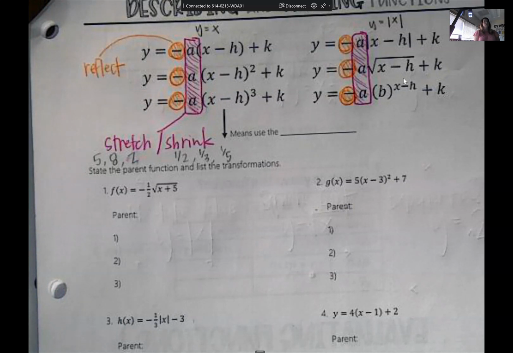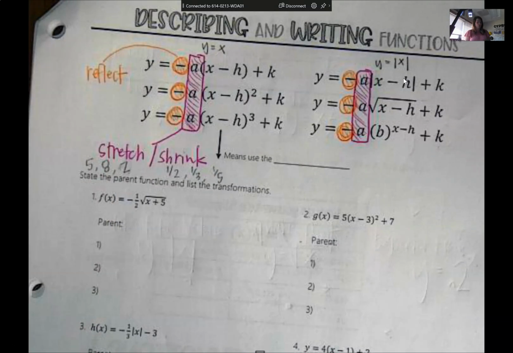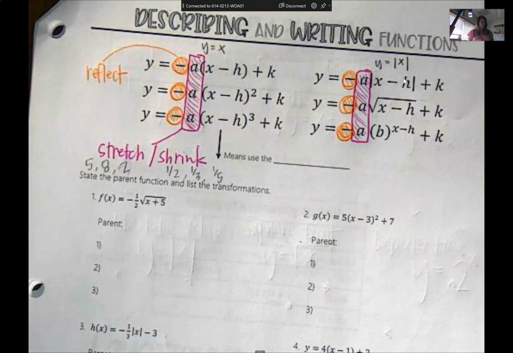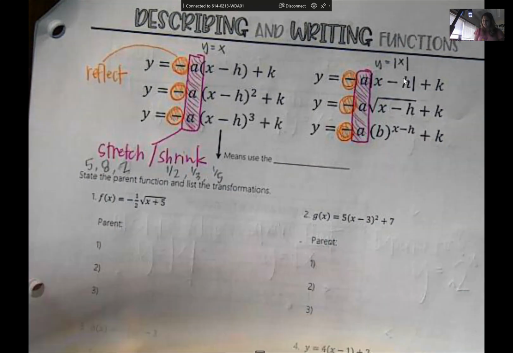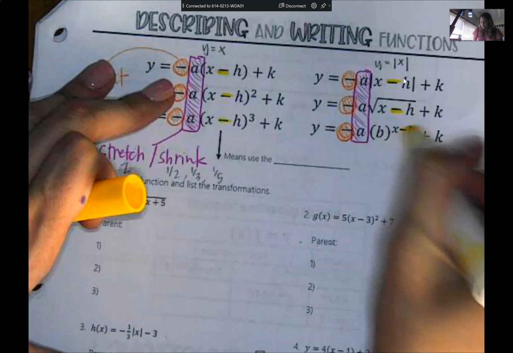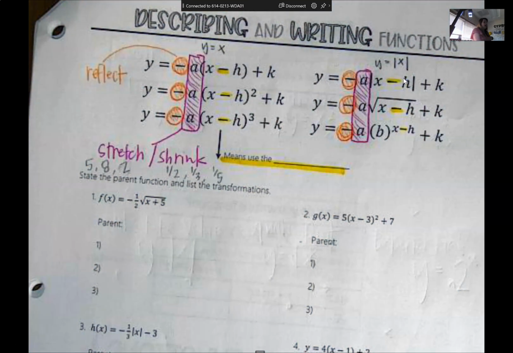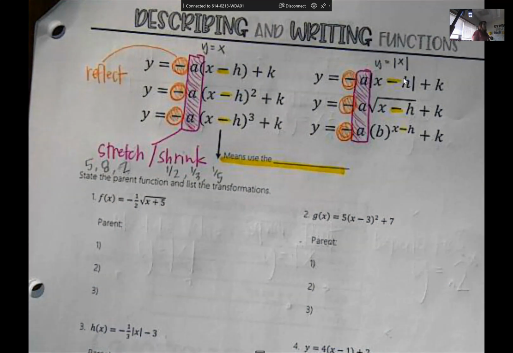I don't know. Okay, the third one is the one that causes the most trouble. So the first thing that I want you to notice is these negatives. This negative means that whatever you have written down with the x, you have to do the opposite of what you see.